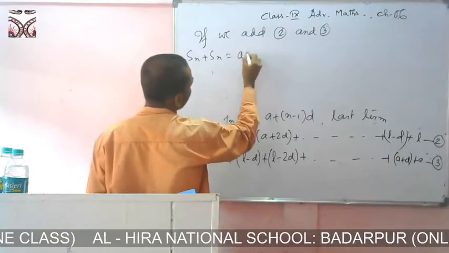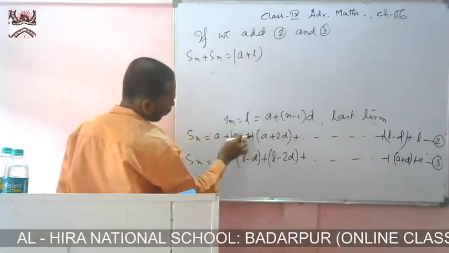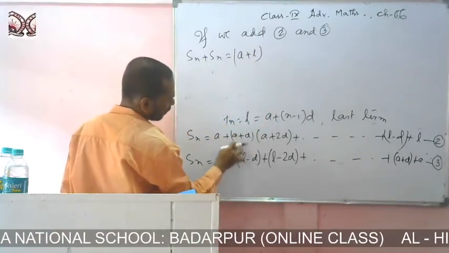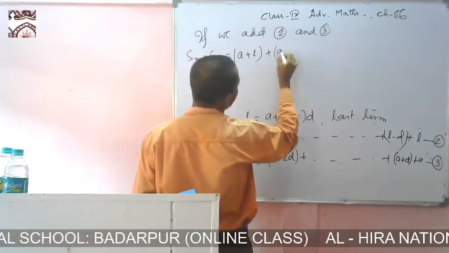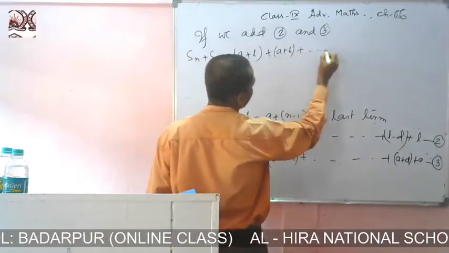First one is a plus L, then the second one will be a plus d plus L minus d, d cancels, giving a plus L, and so on.